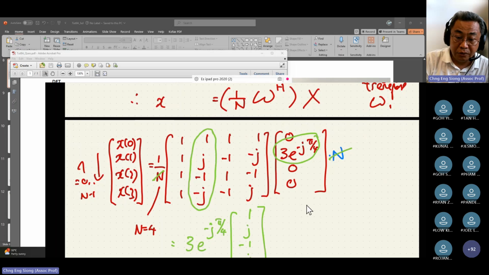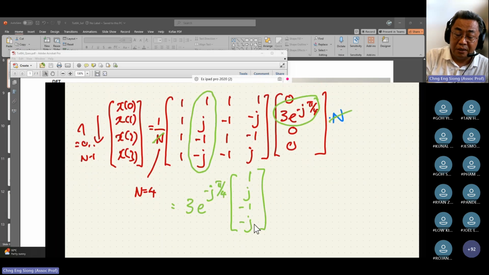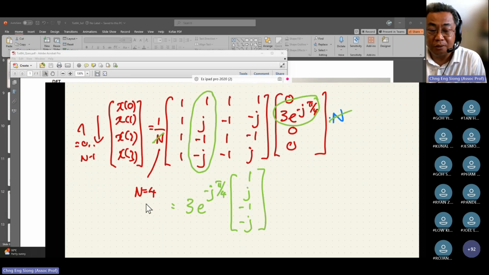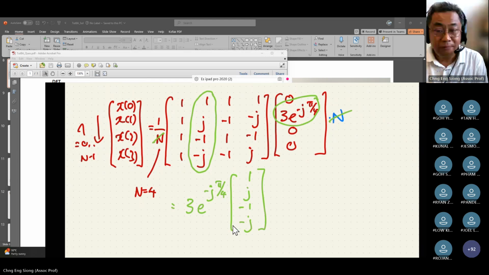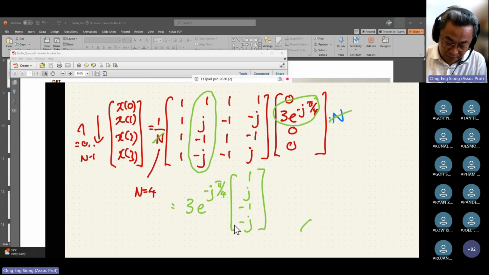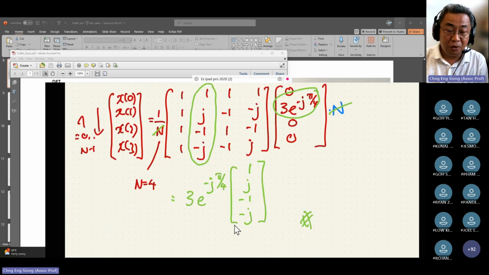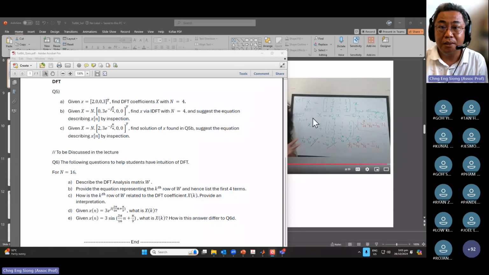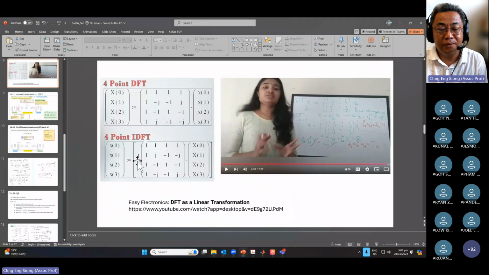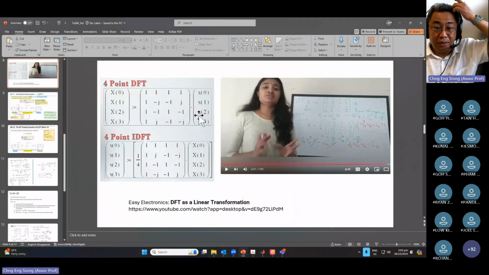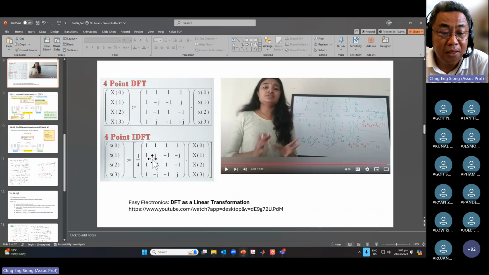And of course, you then open it up in polar notation and multiply together. That's it. This is the answer. So to perform DFT and IDFT, all you need to do is remember these two equations, at least for n equals 4. This is the matrix W, this is the W^H matrix.